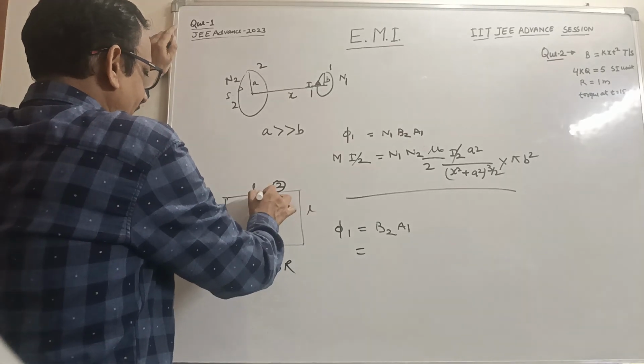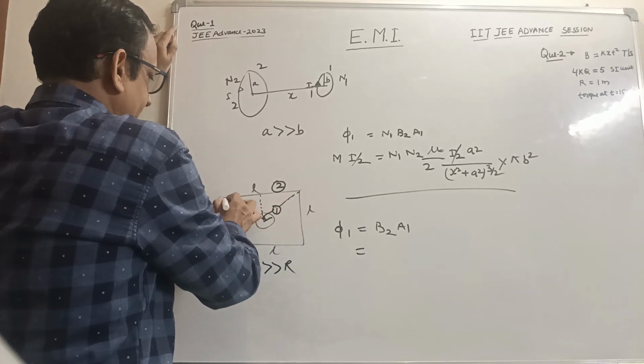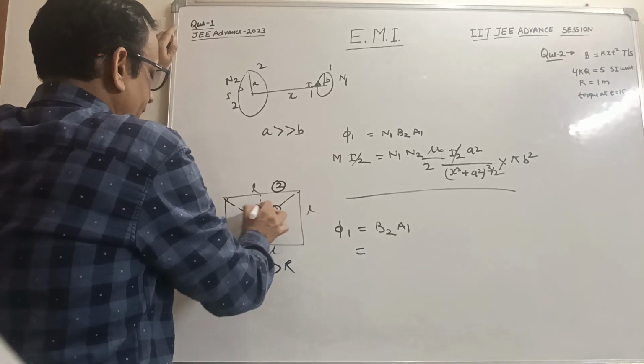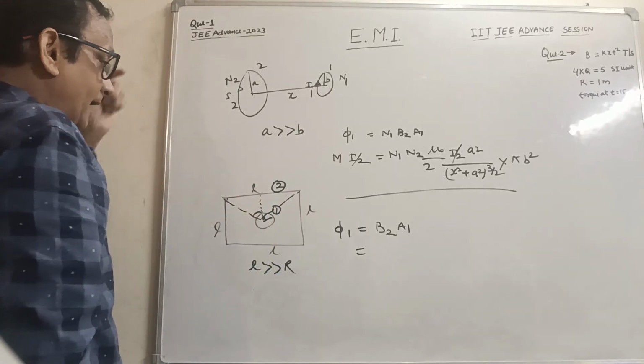The triangle here is 45 degrees, and this length is L by 2.